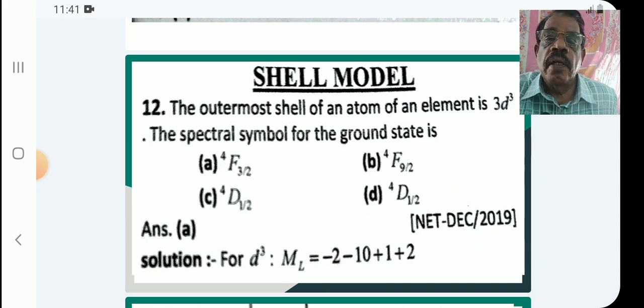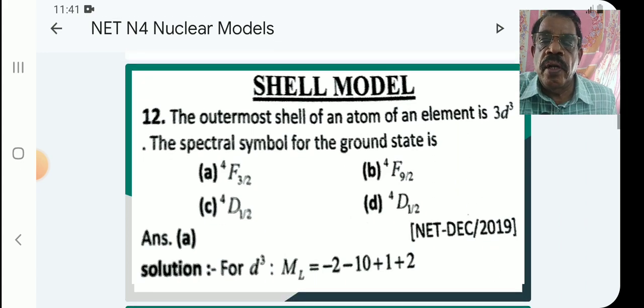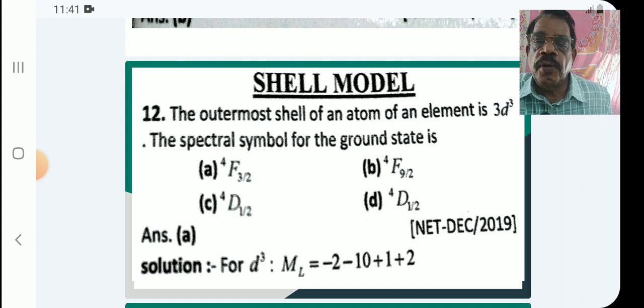And this is the last electron. If you take the atom, the outermost electron is represented by 3d cubed. From that we can find the spectral notation of the nucleus, that you will write.